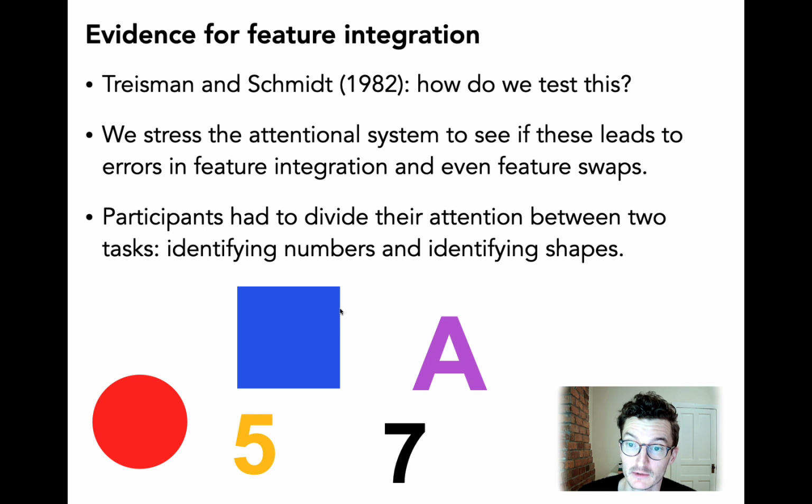So you might actually perceive a red square and a blue circle, or a purple 5 and a yellow A. And so Treisman and Schmidt devised a study to test this. Participants had to basically divide their attention between two tasks, identifying numbers and identifying shapes, like those on the slide here.